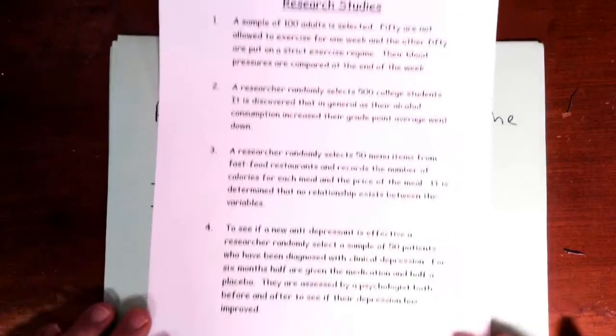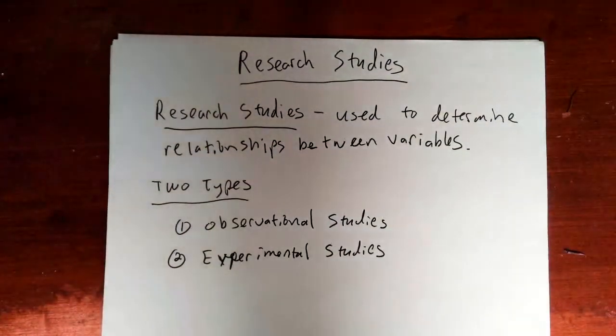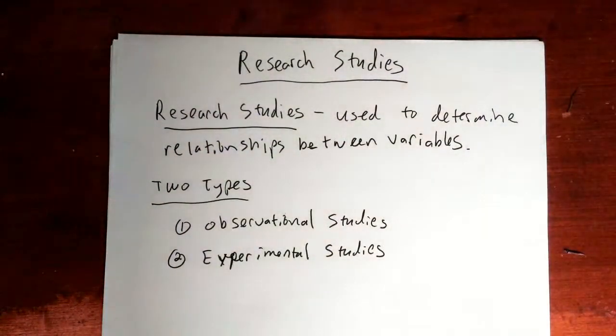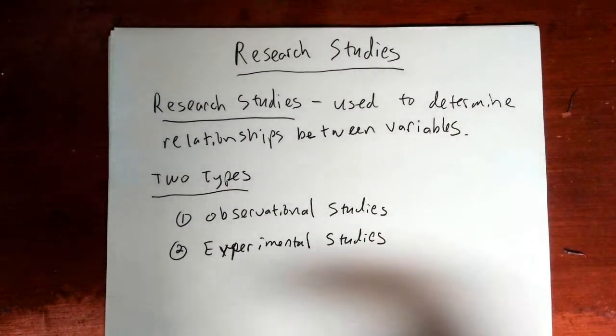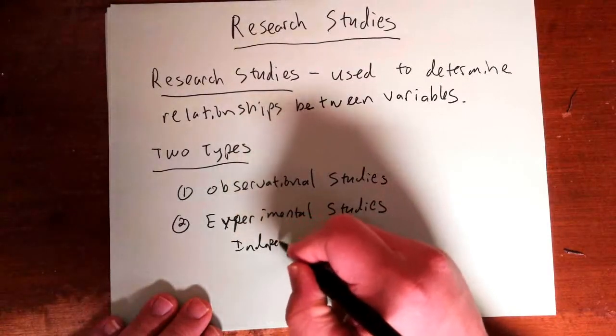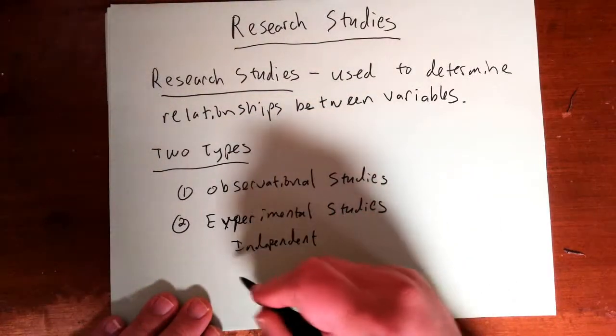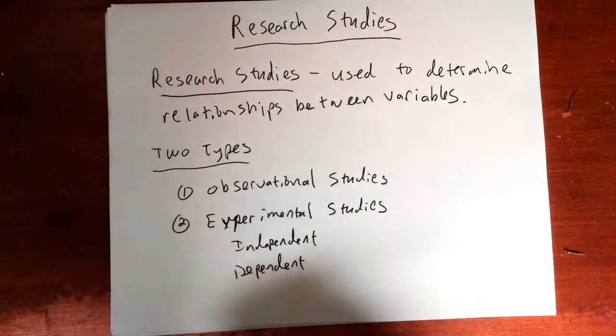So that's the idea of research studies, and so you're just determining whether it's an observational study or an experimental study. And then with the experimental study, there's independent and dependent variables.